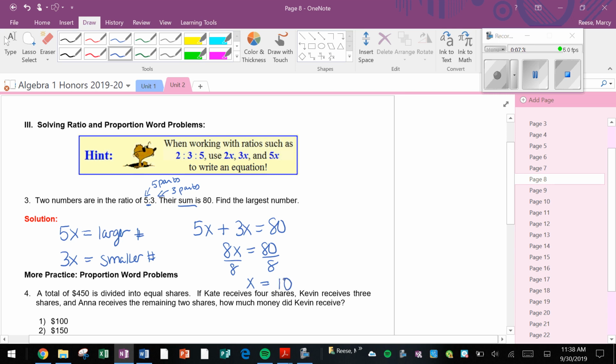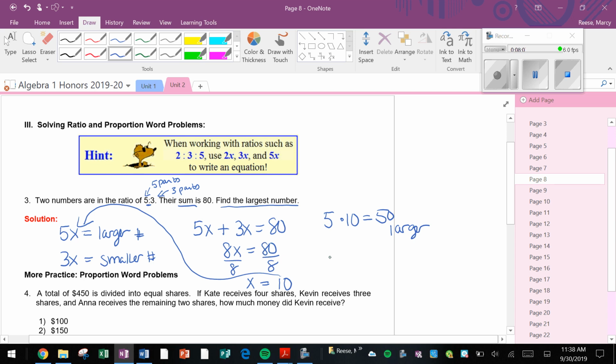Now that does not mean that's what the number is, because it says find the largest number. It just means that I have 10 to the 5. I'm going to come up here and say x is now equal to 10. So 5 times 10 would be 50 for the larger number.